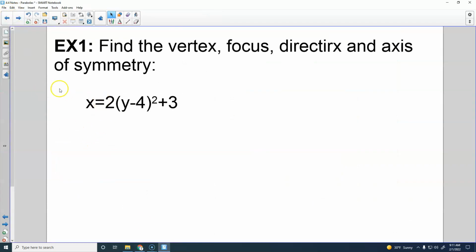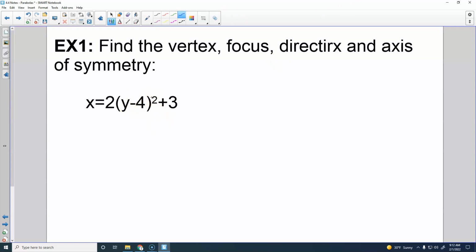All right. So let's look at what it looks like. For each one of these, we want to find the vertex, focus, directrix, and axis of symmetry. So for this one, I have an x equals, and my y is the one that is squared. It's not squared right here, but it's being squared because of the parentheses.